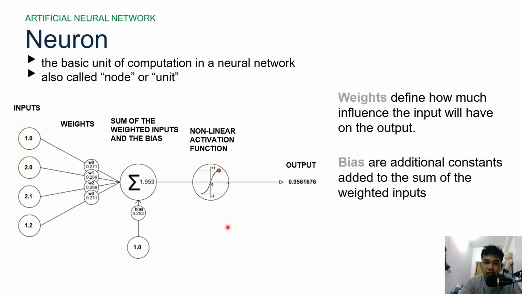The bias are additional constants added to the sum of the weighted inputs. So we have the weights and the bias.